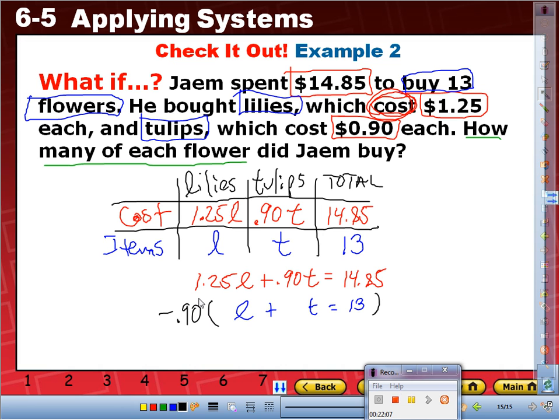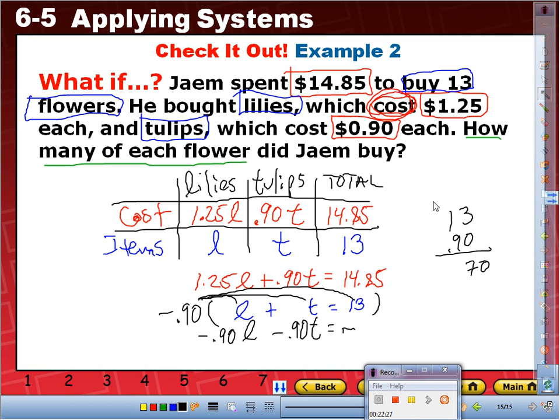This becomes negative 0.90L, negative 0.90T, and negative 13 times 0.90, which is negative 11.70.